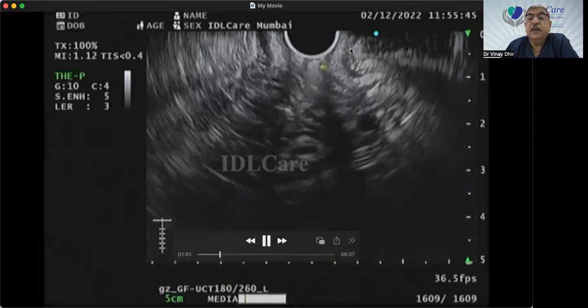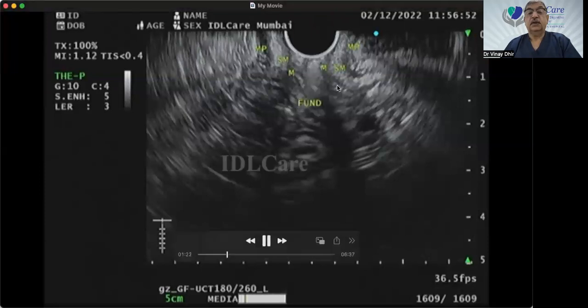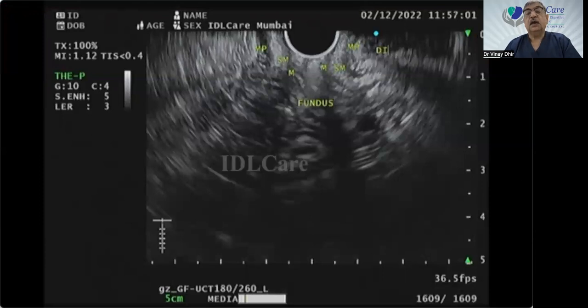And you can see all the wall layers from mucosa till the serosa here. Once you have obtained this view, and I'm labeling the other side also just to show you where the lumen is, we have obtained a sagittal view here. And this, of course, is the fundus. Once you obtain this, you slowly start withdrawing.